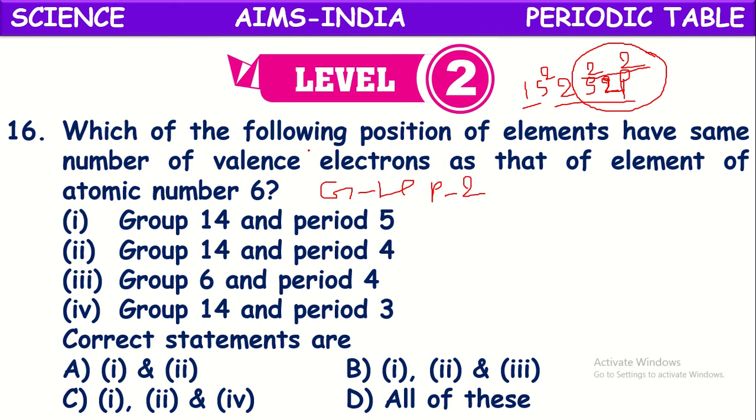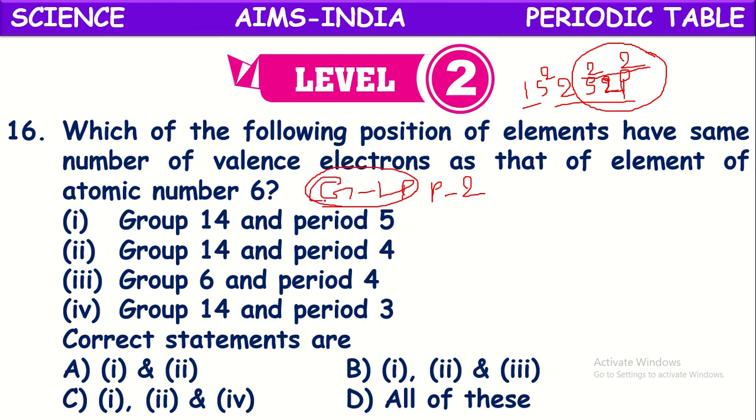Now what they're asking, let us say also, which of the following position of the element have same number of valence electrons as that of the element atomic number 6. Okay, so to be with the same number of valence electrons, those elements should be in the same group. The elements present in a group will be having same number of valence electrons. Now here we found it, the element with atomic number 6 is present in group 4. So group 4 or 14th group, isn't it?